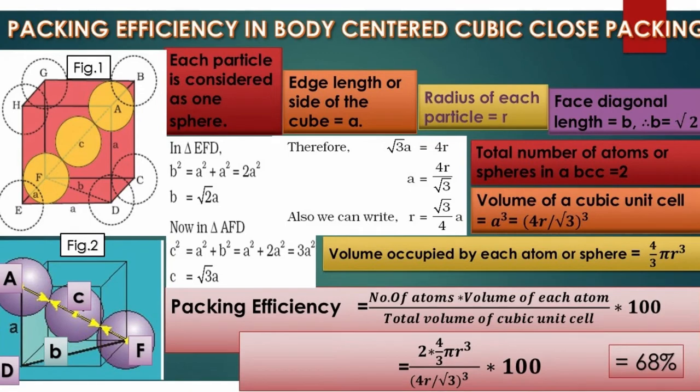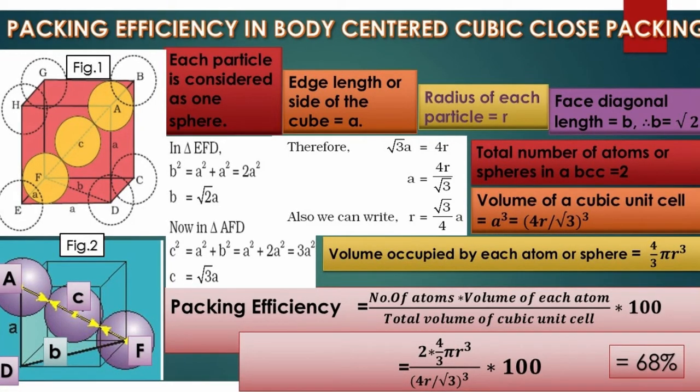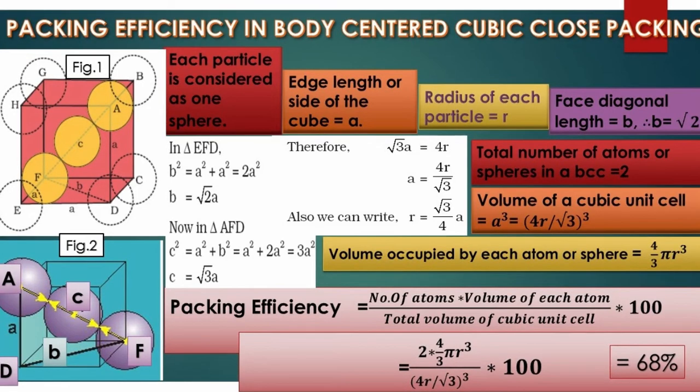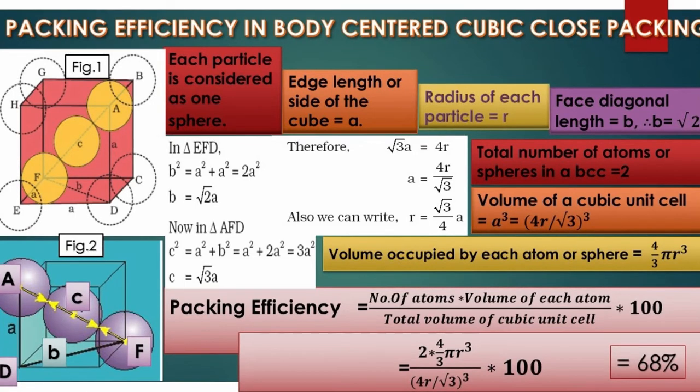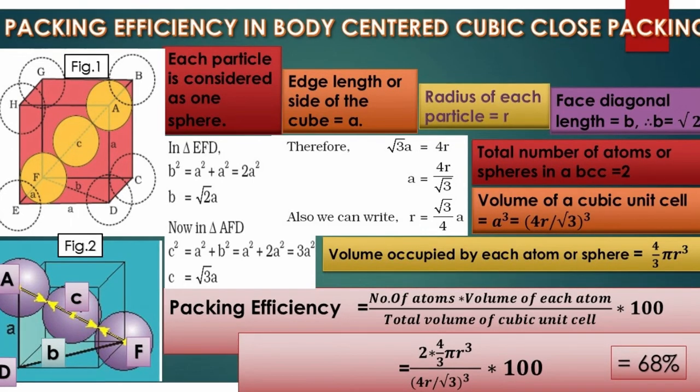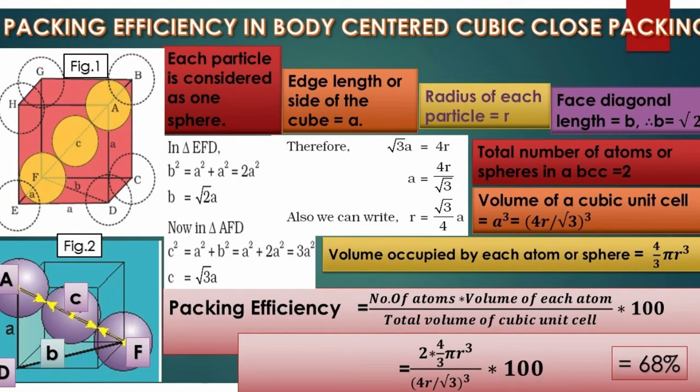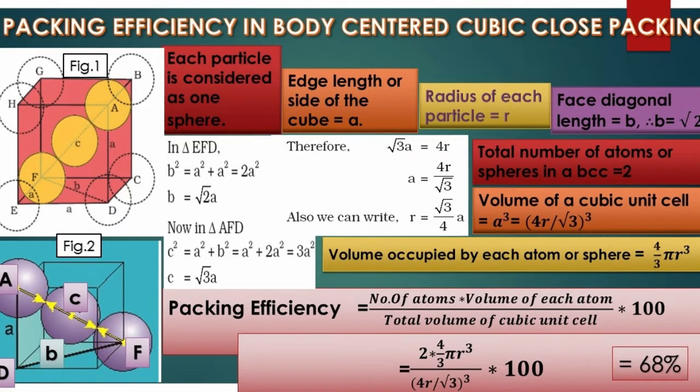The volume of each atom, which is spherical in shape, will be equal to 4/3 πR³, divided by the total volume of the cubical unit cell, which is (4R/√3)³, into 100%. Upon simplifying, you will get the answer 68%. So packing efficiency in BCC closed packing will be equal to 68%.